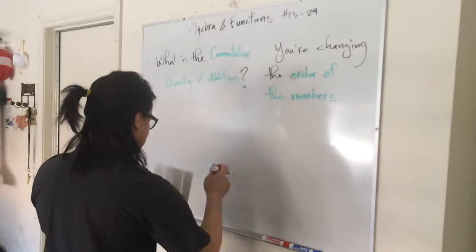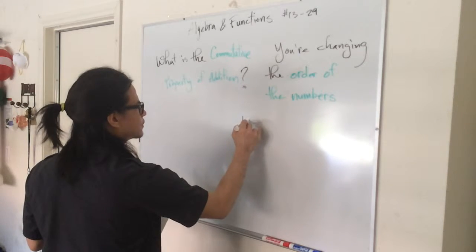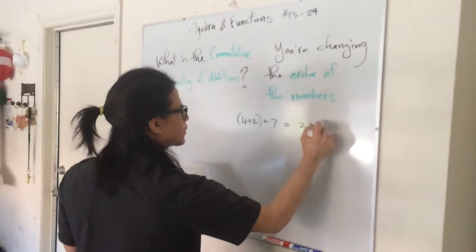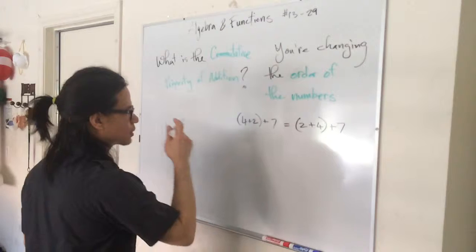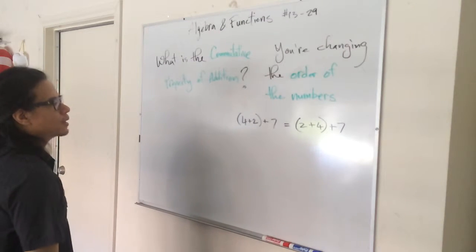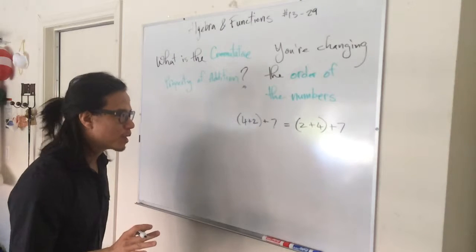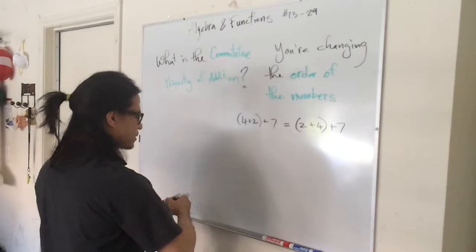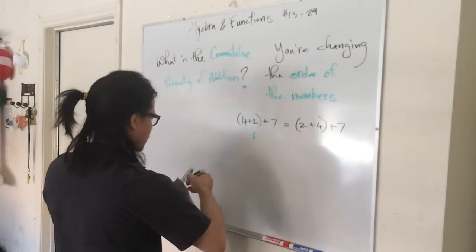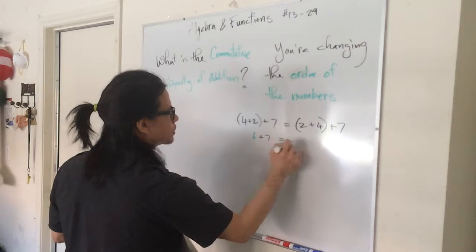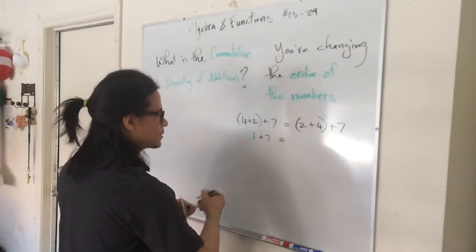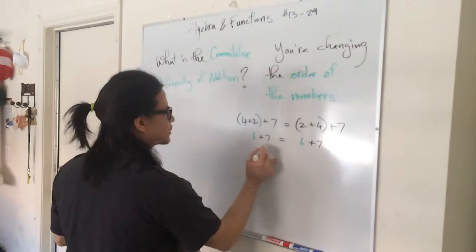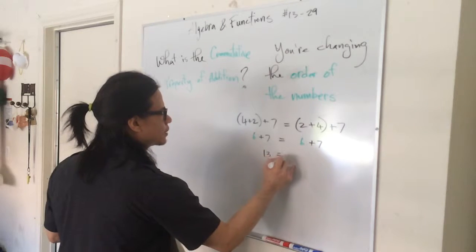So, here's an example. 4 plus 2 in parentheses plus 7 equals 2 plus 4 in parentheses plus 7. Okay, so this is pretty logical, but before I give it away, let's see if we can just figure it out ourselves here. 4 plus 2 is 6, plus 7 equals 2 plus 4 is 6, plus 7, 6 plus 7 is 13 equals 13.